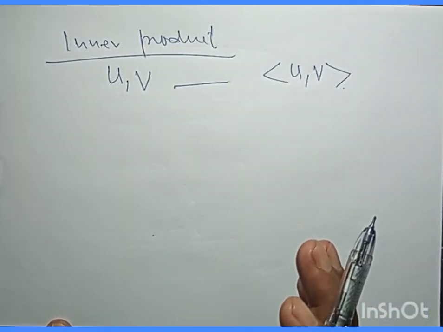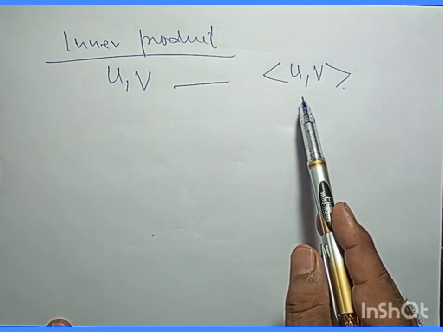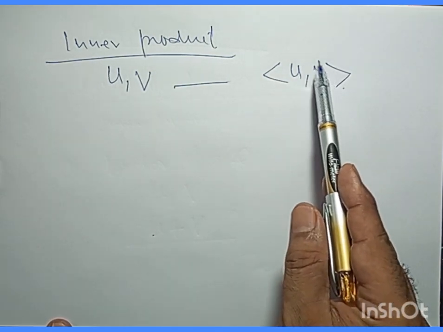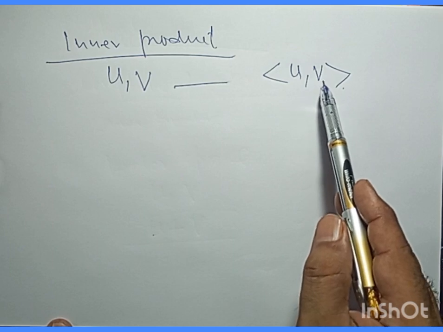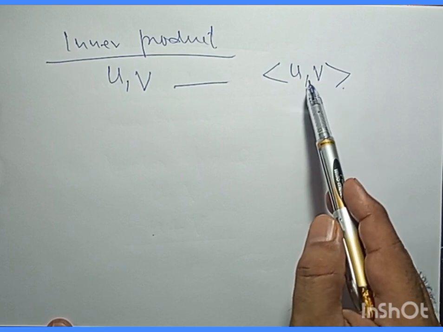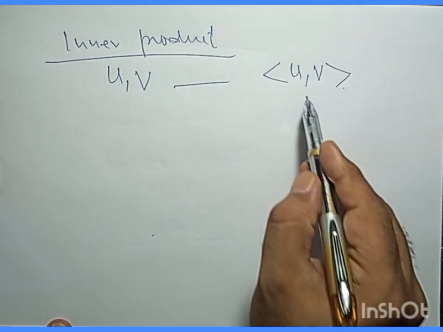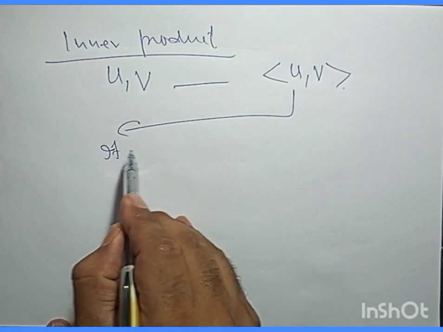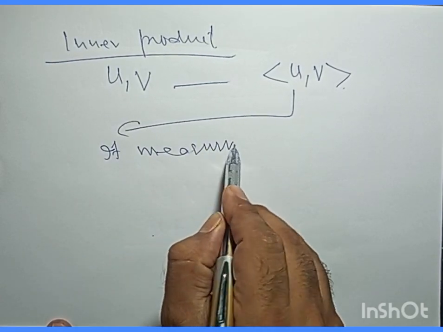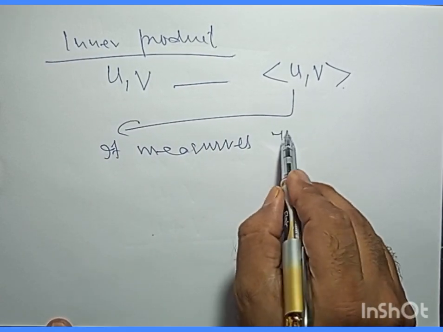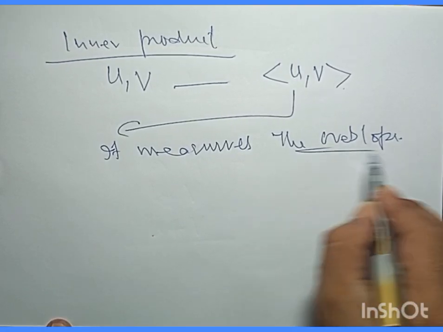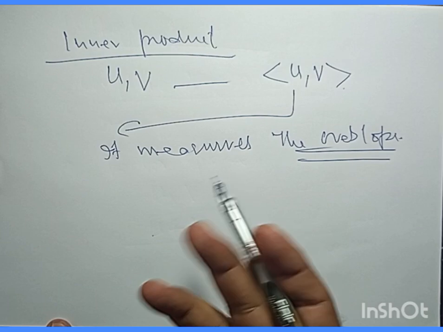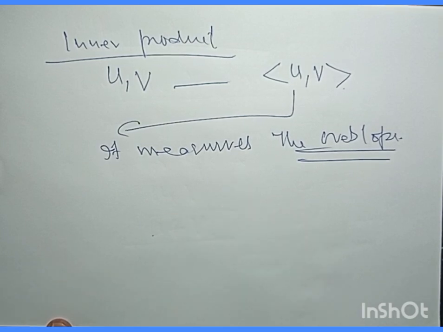This inner product is a function that takes two vectors and returns a scalar. It measures the overlap of waves, wave functions, whatever we may have.